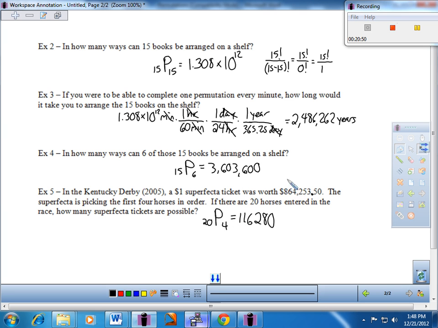This is the payout for $1 if you got the correct one. So what would it have been worth doing during this particular race? Well, as you can see, if you bought 1 of each, you would have only had to pay $116,000, roughly, and you would have gotten 1 of each, so you would have been guaranteed the winner, and the payout was over $800,000. Quite a profit there.